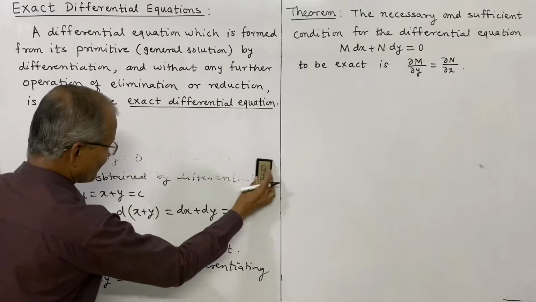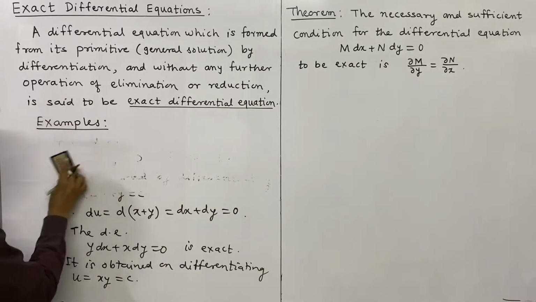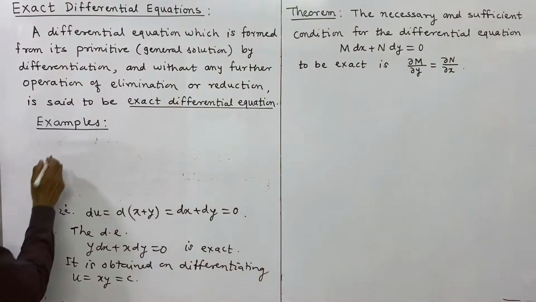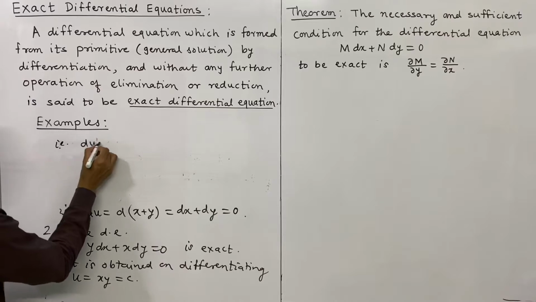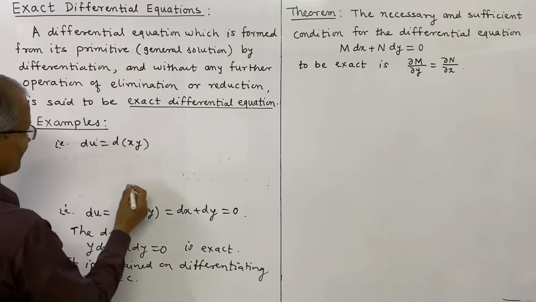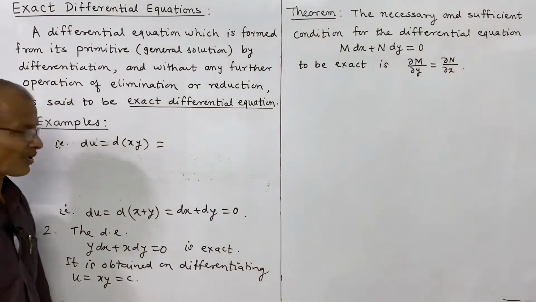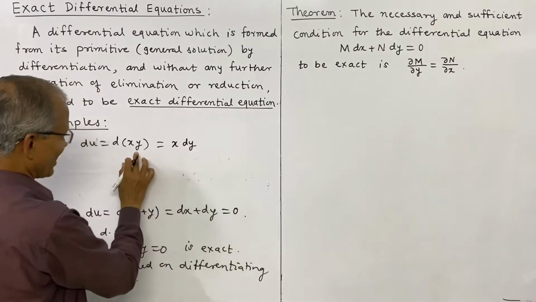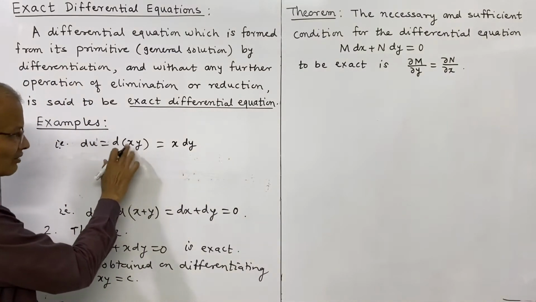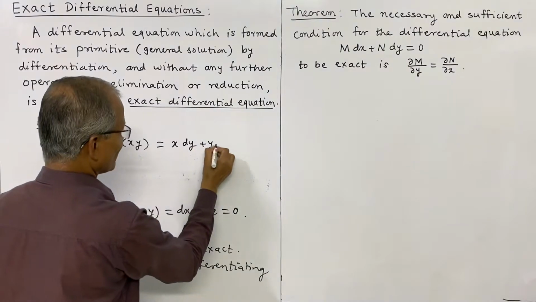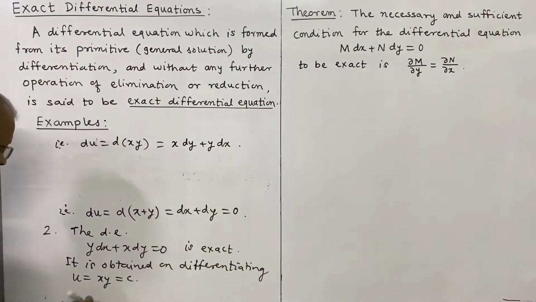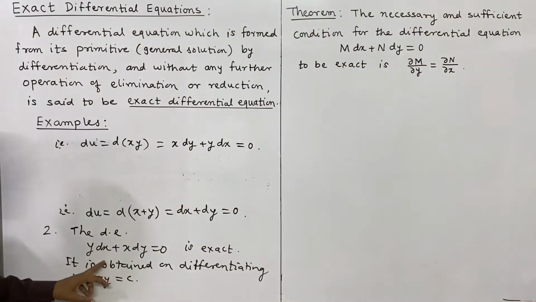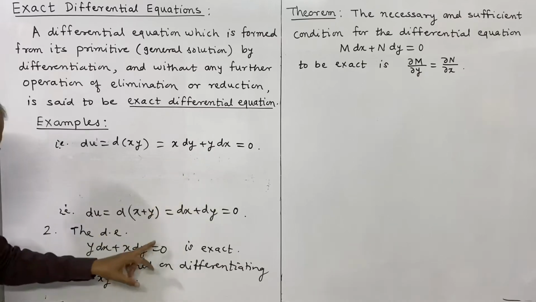So du is equal to d of xy, and by the product rule for differentiation it will be x into dy, the differential of y, plus y into the differential of x, dx, and the right side is constant, so its derivative is 0. So this is the same equation, y dx plus x dy is equal to 0.